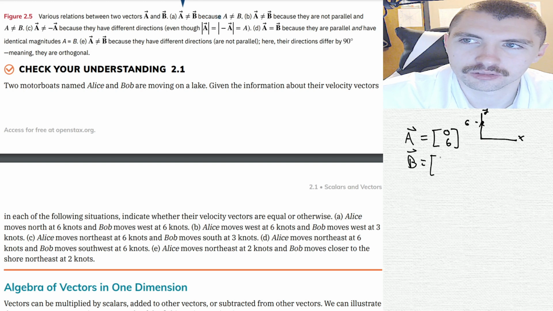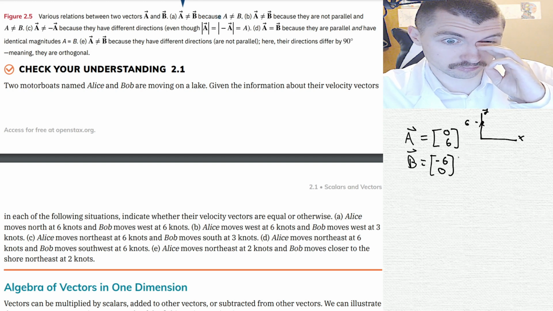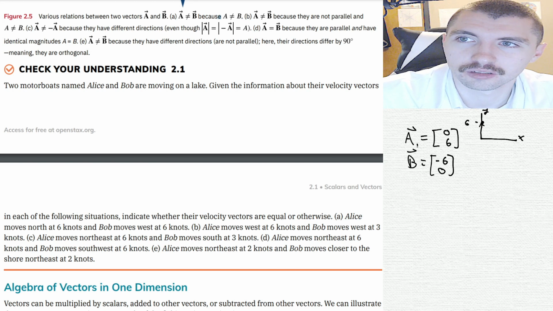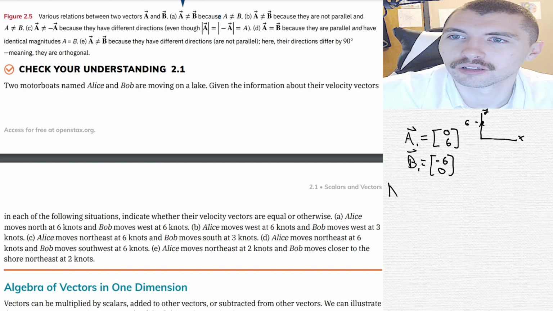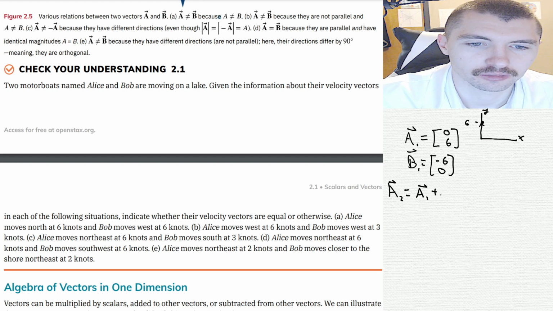So he's going to have 0 y, -6. Okay. Alice then moves west 6 knots.